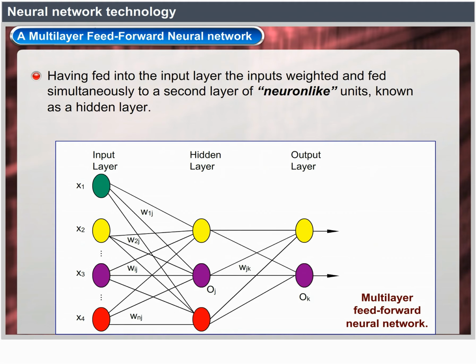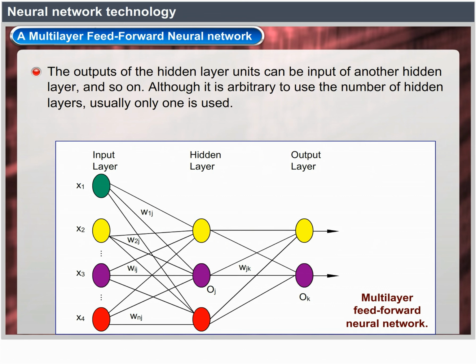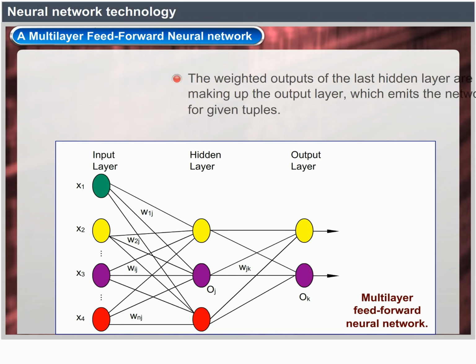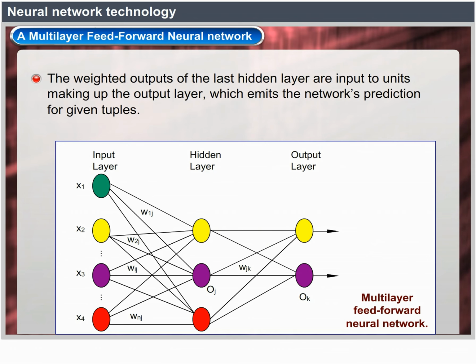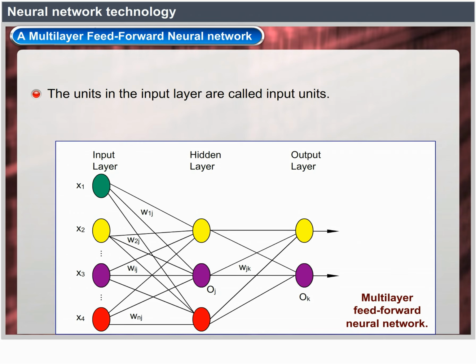The outputs of the hidden layer units can be input to another hidden layer, and so on. The number of hidden layers is arbitrary, although in practice, usually only one is used. The weighted outputs of the last hidden layer are input to units making up the output layer, which emits the network's prediction for given tuples. The units in the input layer are called input units.